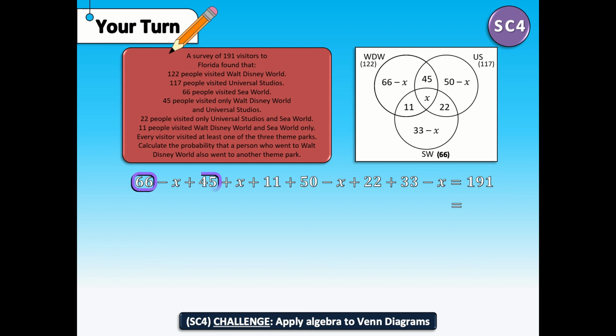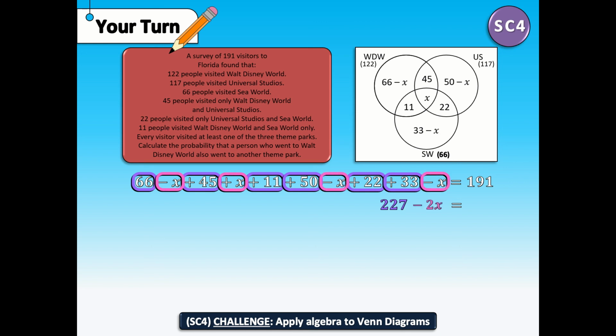So if we simplify it, we get 227 take away 2x is 191. Then we need to solve the equation. So minus 2x equals minus 36, which means x equals 18.